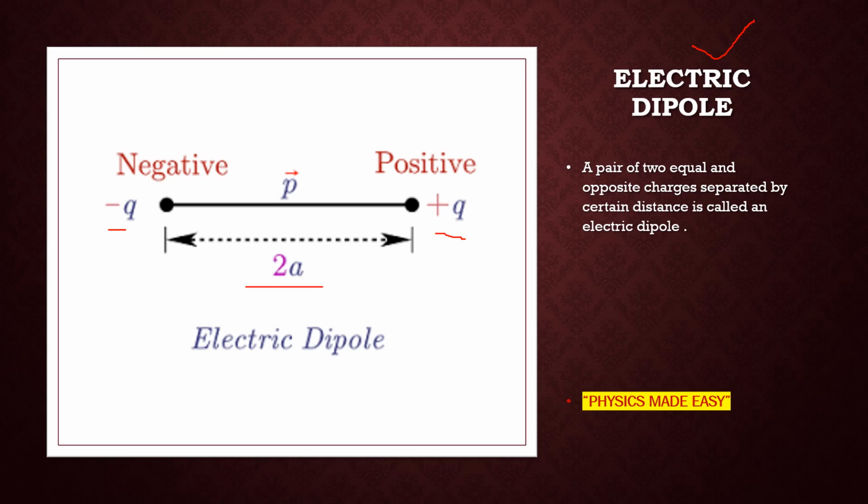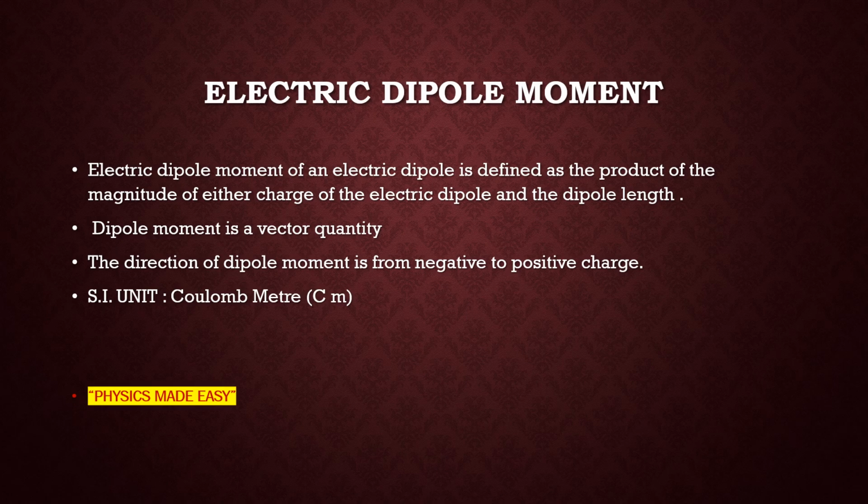The total charge of an electric dipole is 0. Now moving ahead from electric dipole to electric dipole moment. Electric dipole moment is related to the electric dipole. It is defined mathematically as the product of the magnitude of either charge of the electric dipole and the dipole length, which means the charge q multiplied by the dipole length 2a.